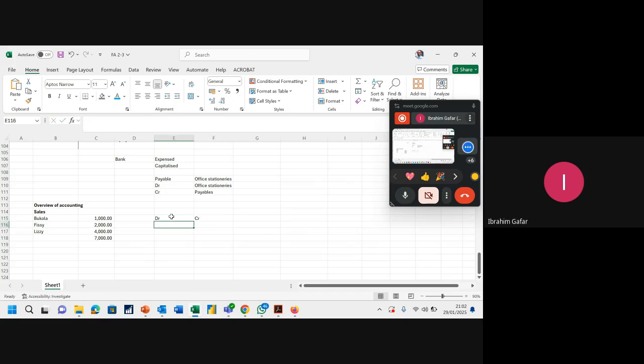Now, in this case, we've sold goods worth 7,000 naira. Sales is 7,000 naira. Now you have bank or cash, provided the sales were made in cash, or let's even say receivable.